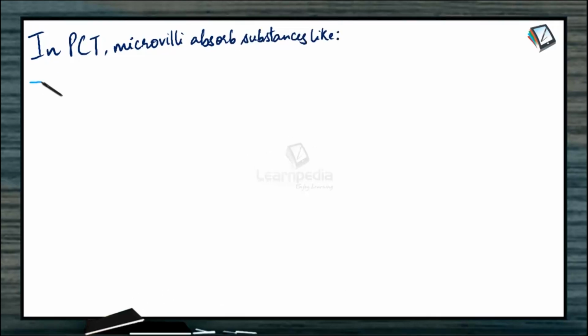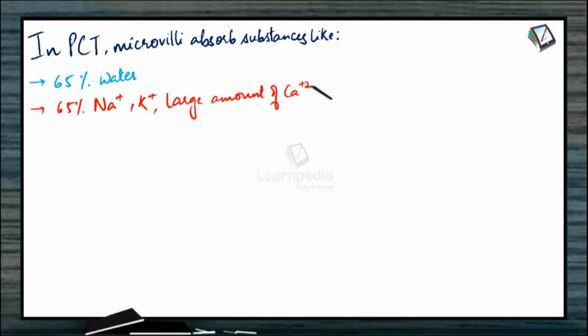In PCT, that is proximal convoluted tubule, the microvilli absorb substances like 65% of water by osmosis, 65% of sodium ions and potassium ions through sodium-potassium pump, large amount of calcium ions, magnesium ions, and along with chloride ions and bicarbonate ions. These all are reabsorbed back into the blood from the proximal convoluted tubule.